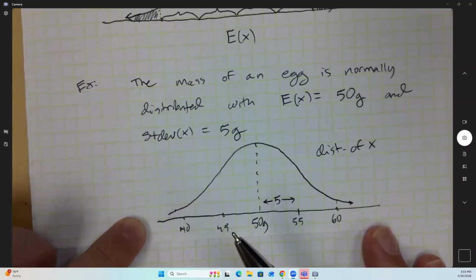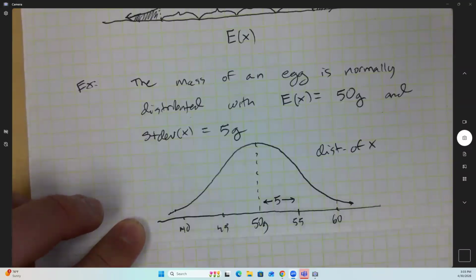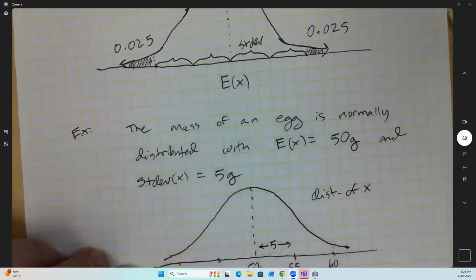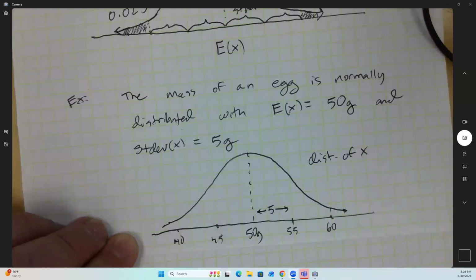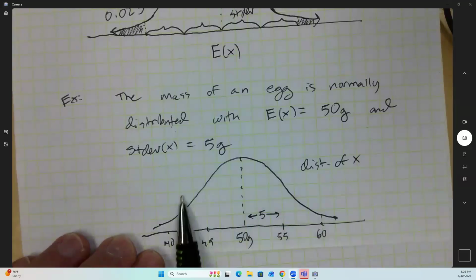Probabilities in a continuous distribution are found through, anybody remember? How do you find a probability of a continuous variable from a graph?